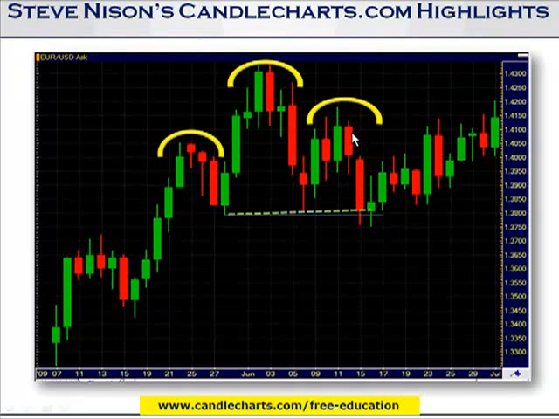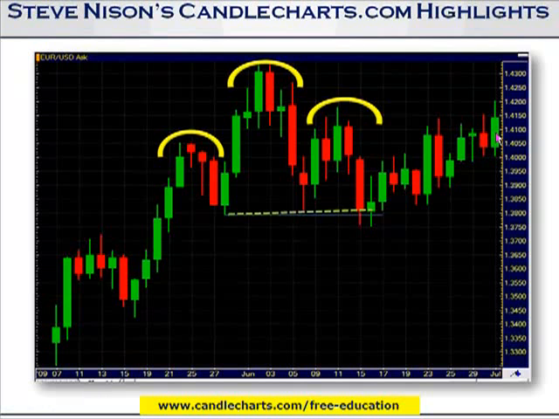It's not a confirmed head and shoulders until the market decisively closes under the neckline. So the if-then scenario: if the market decisively closes under the neckline, then we could think about selling short. If not, you would not be selling short. And by not selling short, look how much money you would have saved. If this was a standard lot, you're looking at saving on this chart $4,000.